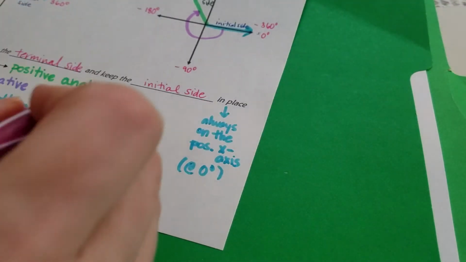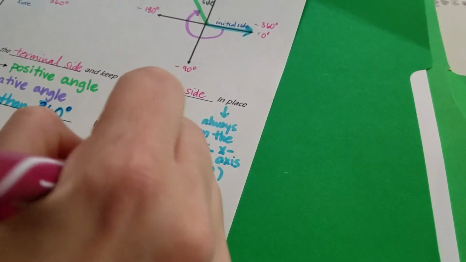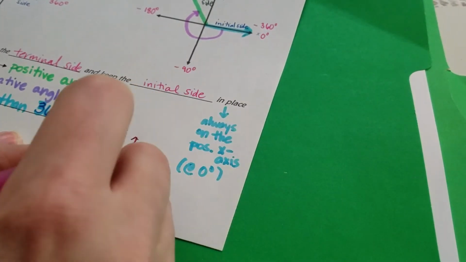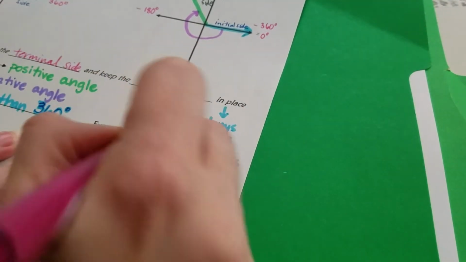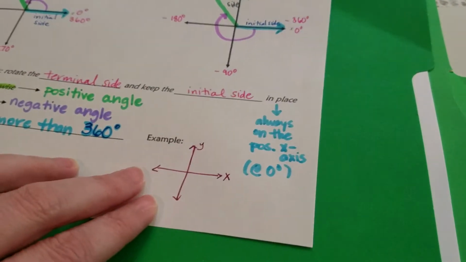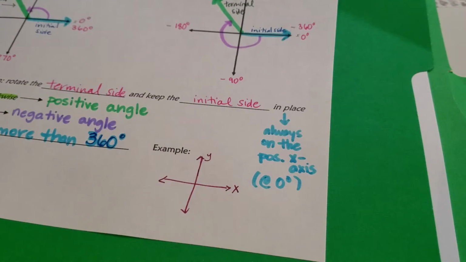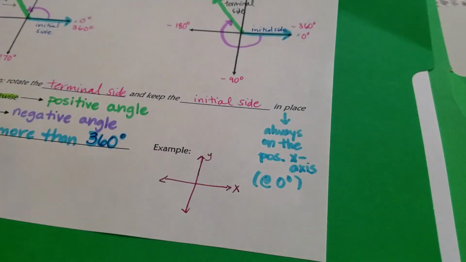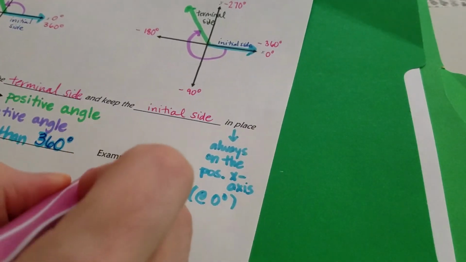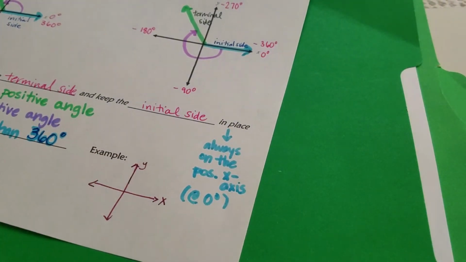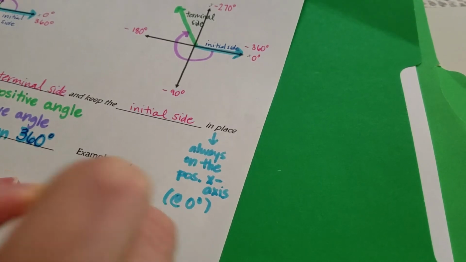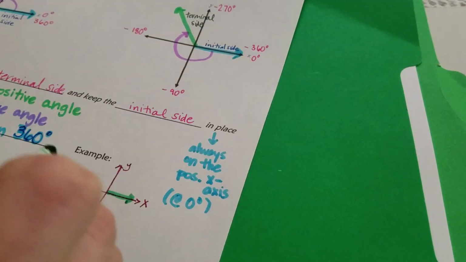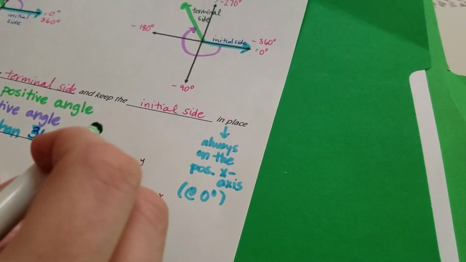Draw your XY axis. If you want to show that the rotation was more than 360, you still start at your initial side, which I'll put here.